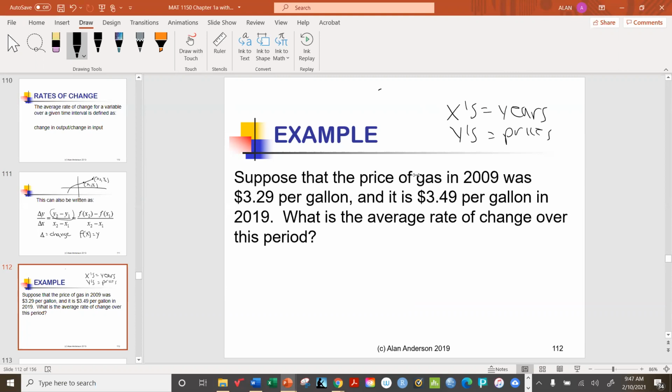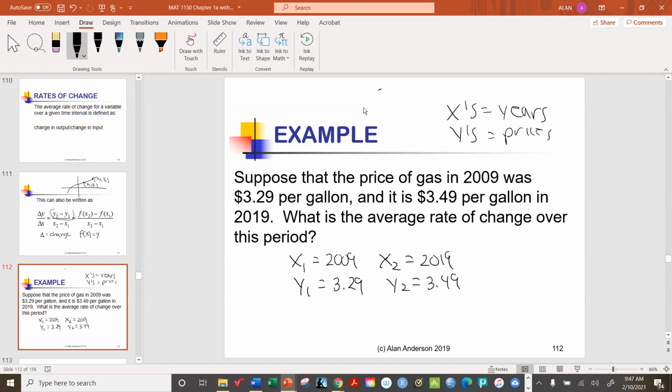So in other words, you could think of this as X1 is 2009, X2 is 2019, Y1 is 329, and Y2 is 349.